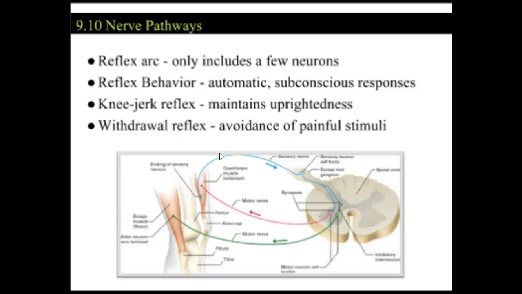Knee-jerk reflexes maintain uprightness, and the withdrawal reflex is avoidance of painful stimuli. So even without us really realizing it, sometimes we'll have a withdrawal reflex before we even process. Sometimes, maybe putting our hand on a hot stove, we'll pull it away before we feel the burn.